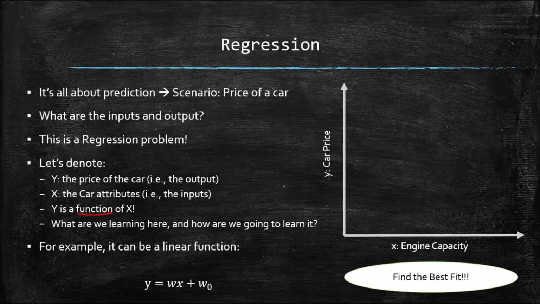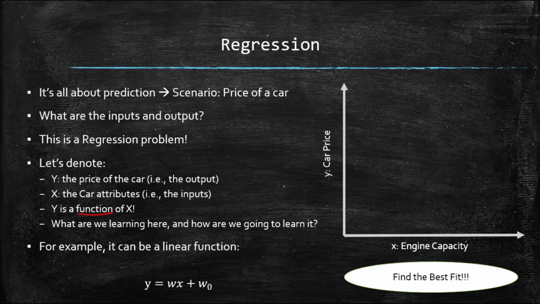We're going to learn the pattern, or that hidden function that receives X, or the car attributes, and spits out the car price. We want to learn that hidden function. And how are we going to do that? By surveying through loads of examples. So we're going to see loads and loads of car attributes and the corresponding car prices.